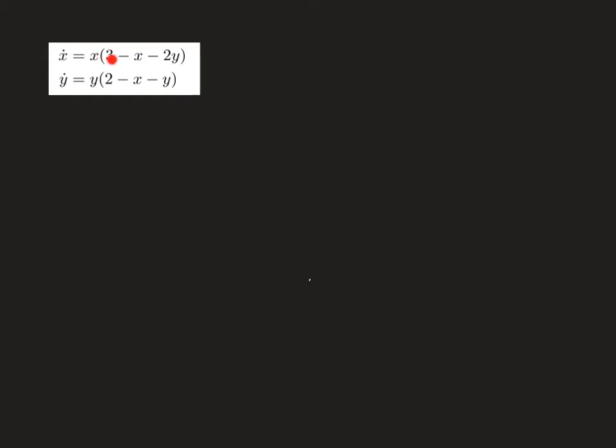By equating this equation to 0 and this equation to 0 as well. So let's write it down. We start with x(3 - x - 2y) = 0 and y(2 - x - y) = 0.